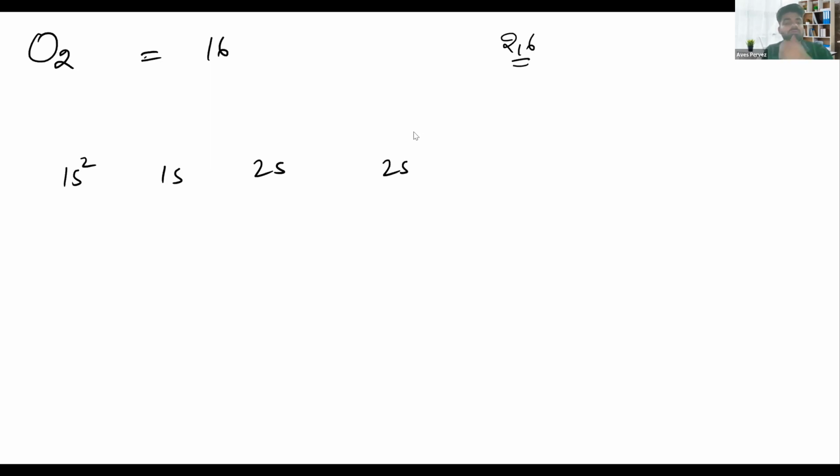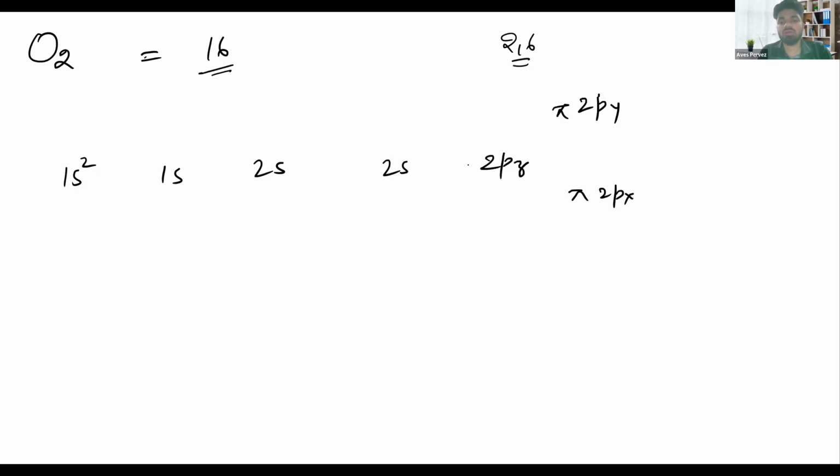So we'll have 1s, 1s, 2s, 2s, then what? Tell me. Next one is pi 2px and pi 2py. No, it is more than 16. Then we will have sigma 2pz. Okay. Then pi 2py and then pi 2px.